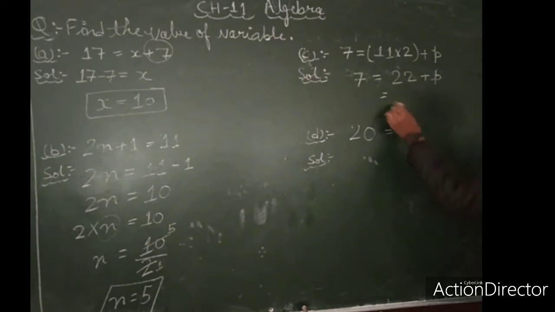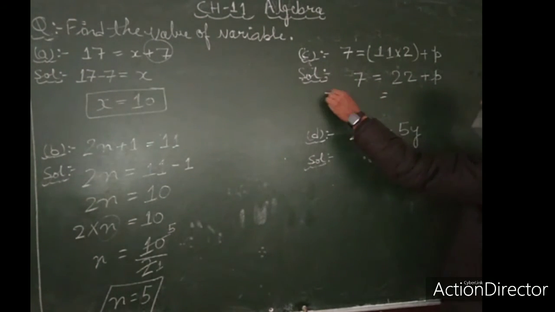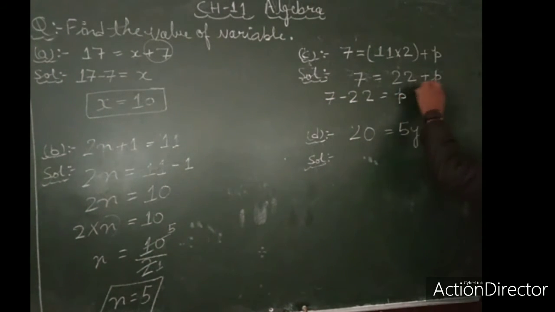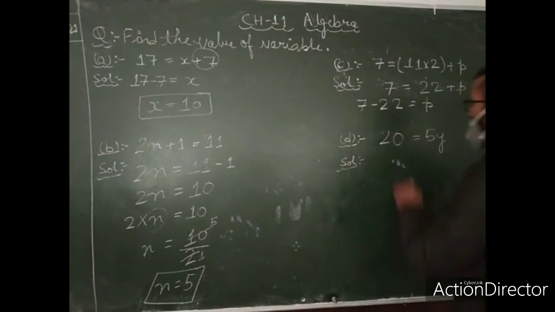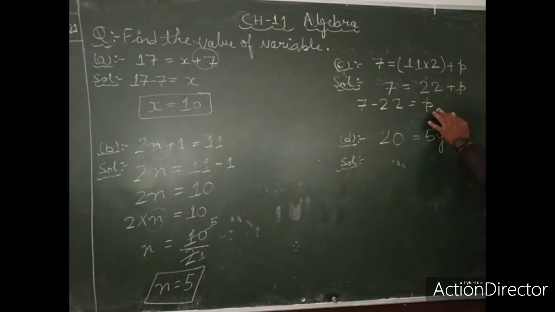When it goes to the other side of the equal, because 22 is positive here, the positive symbol changes into a negative symbol, and the other value is written as it is, like 7 and 22. Now 7 minus 22 equal to p.